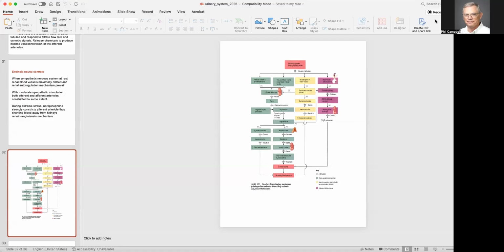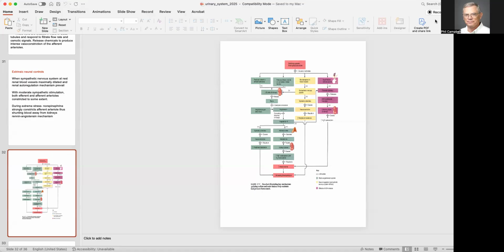So in the case of aldosterone, that increases blood volume. In the case of direct effects on the vasculature, that increases peripheral resistance, leading to an increase in pressure.